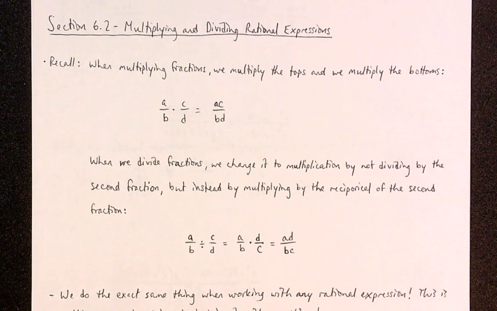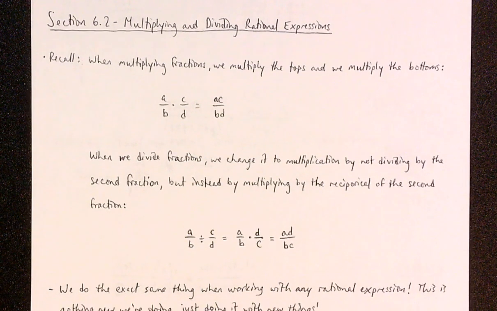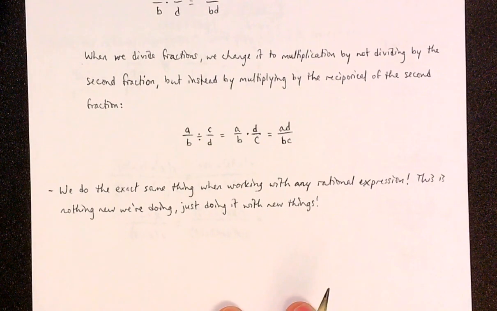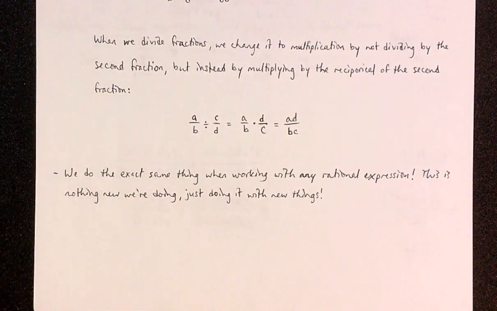Well, we do the exact same thing when we are working with rational expressions. It works in the exact same way. This is nothing brand new here. There's no brand new revolutionary concept that's going on here. We're just using the same concept but with new things.